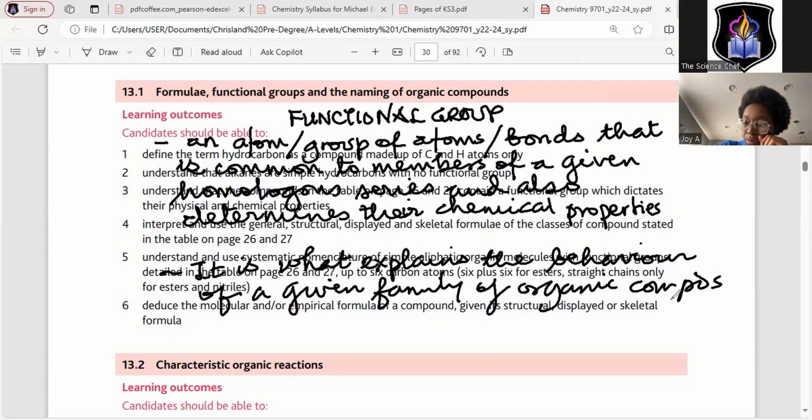Yes, sir. And it differs from one homologous series to another, the same way the DNA differs from one family to another. Are we on the same page? Yes, sir. Great. So now let's look at the last term, which is alkyl groups.